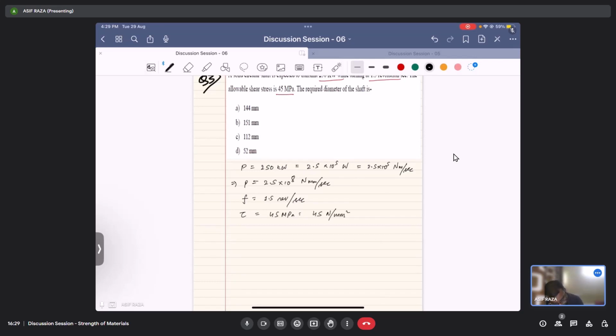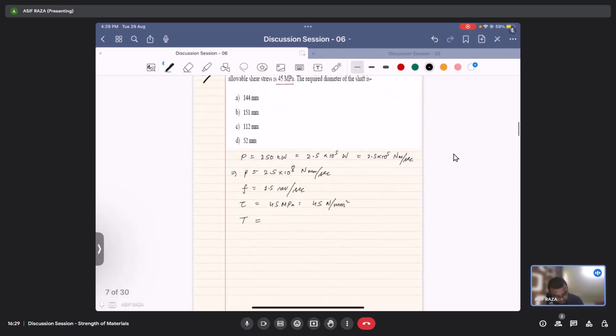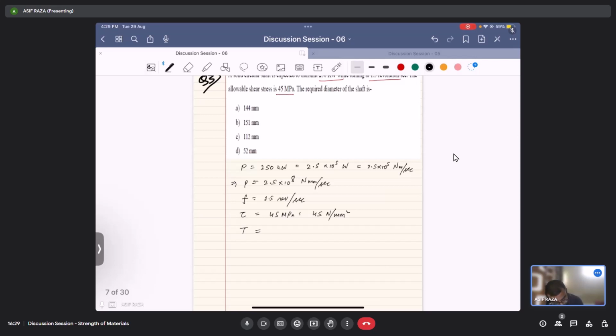Okay, allowable shear stress is given as 45 megapascal, that is 45 Newton per mm square. Now we can find the applied torque. We know the expression, power is torque times omega, and omega is 2 pi f.